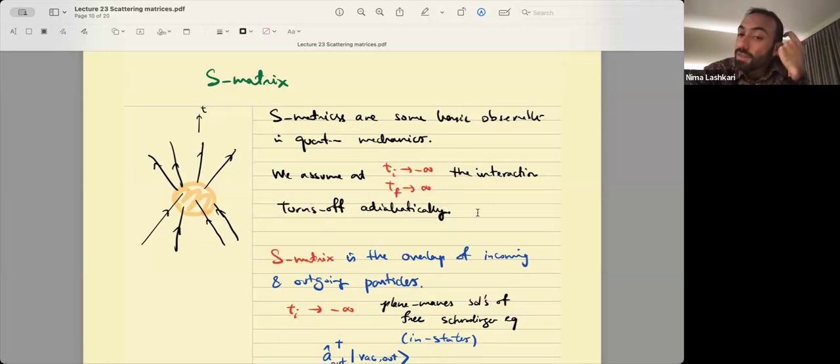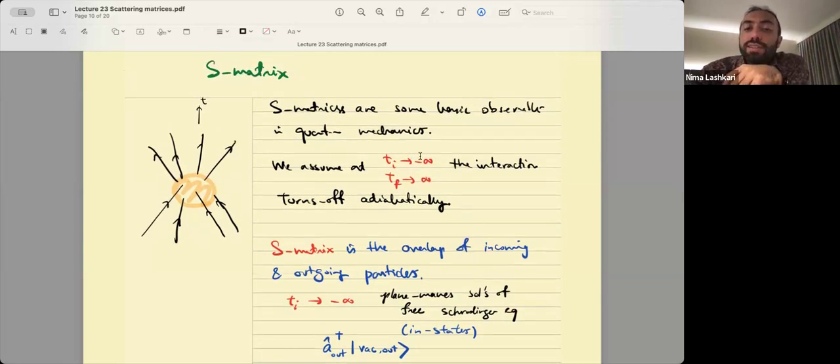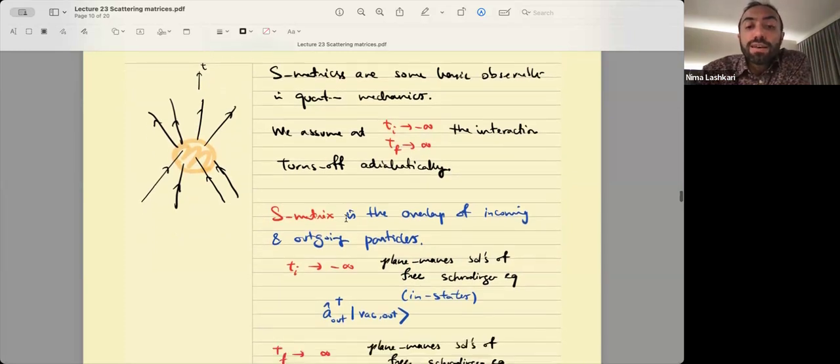Then at early time the theory is free, so the solutions are a bunch of incoming free particle waves. At plus infinity in time, the solution is also a set of free particles. And the S matrix is the overlap of the incoming and outgoing particles, right?